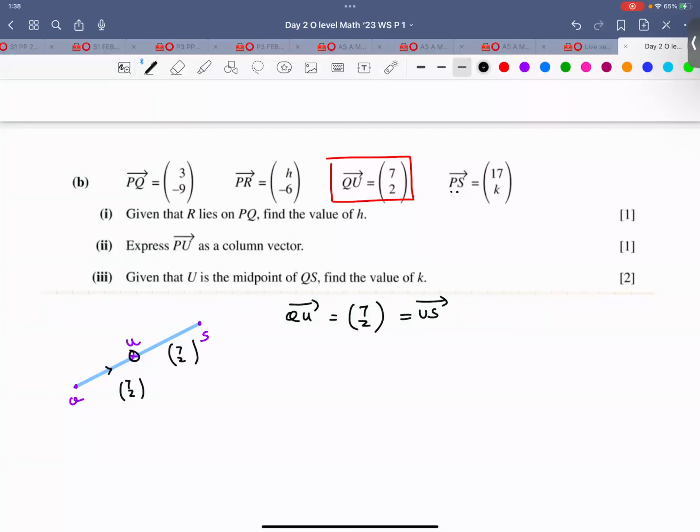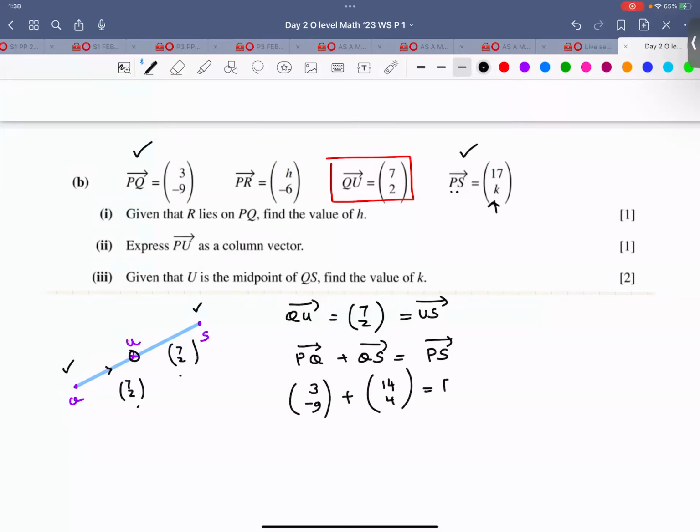Now, what we can do is add PQ and QS, and that will be PS. So basically, I found QS. PQ was already given. PS is already given, which has this K in it. So what is PQ? That is 3 and minus 9. What is QS? That is 14 and 4. Basically, it's 7, 2 plus 7, 2.